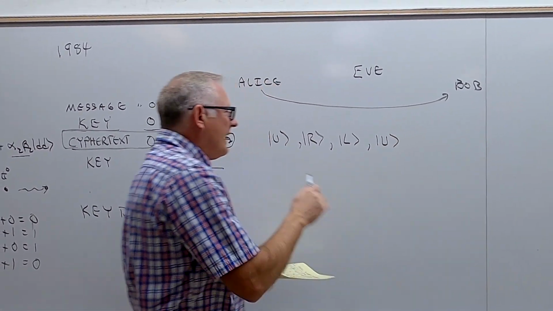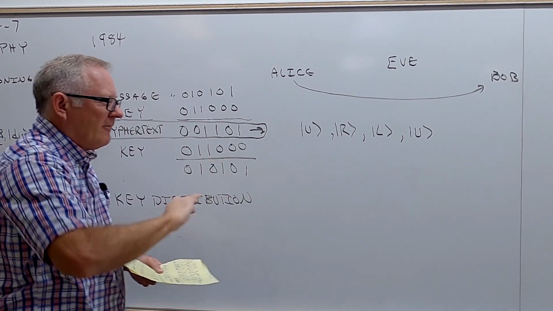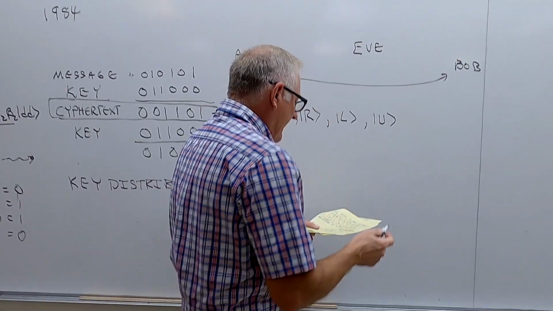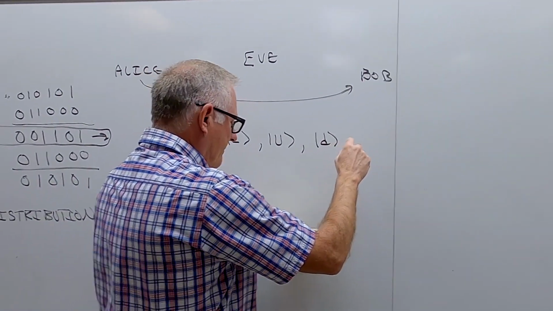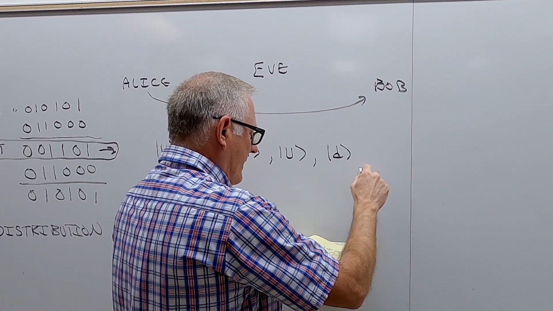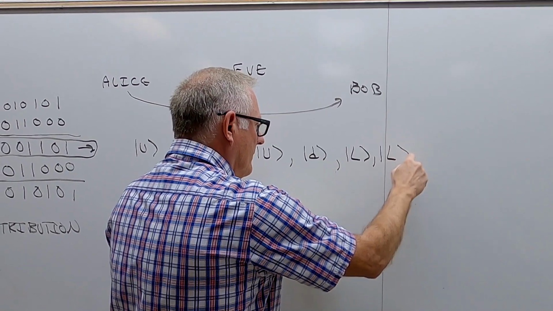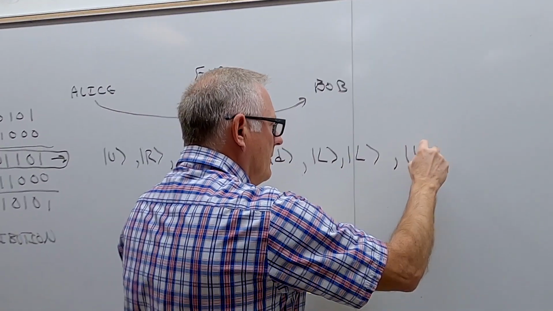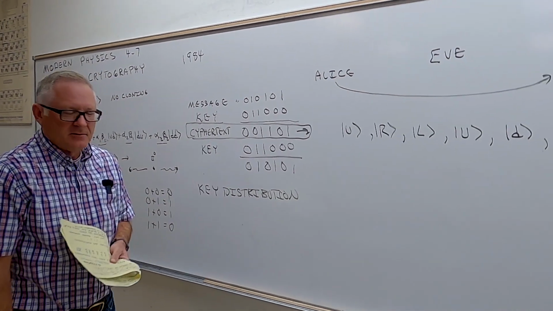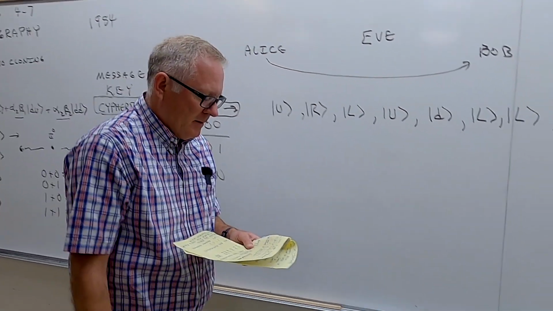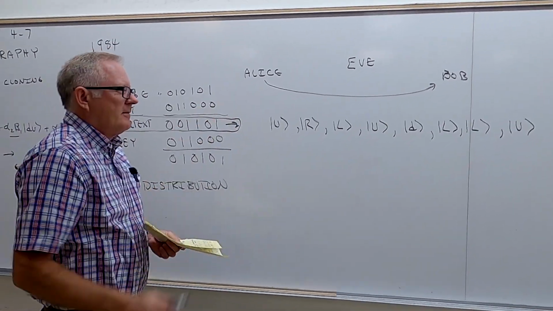She's only going to send things between up and down and right and left. No ins and outs. Then down, then left, another left, and up. She just randomly sends out ups, rights, lefts, and downs. But she keeps a record. She knows what she sent.